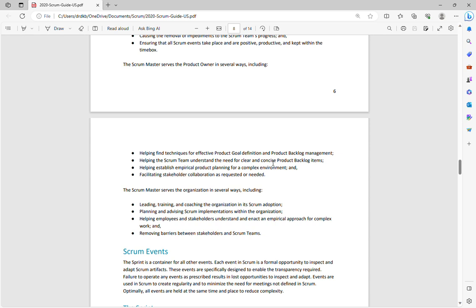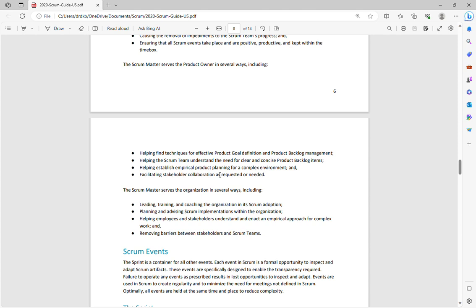Now, next one is helping establish empirical product planning for a complex environment. So empiricism asserts that knowledge comes from experience, and this point here means taking into account that all the team learn from the previous sprints and adapt towards the next one.